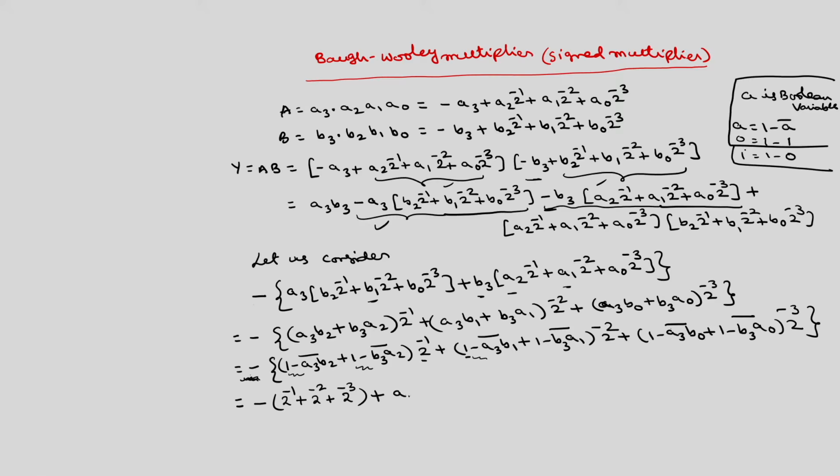So, we will get a3 b2 bar plus b3 a2 bar into 2 raised to the power of minus 1 plus a3 b1 bar plus b3 a1 bar whole bar into 2 raised to the power of minus 2 plus a3 b0 bar plus b3 a0 bar into 2 raised to the power of minus 3.